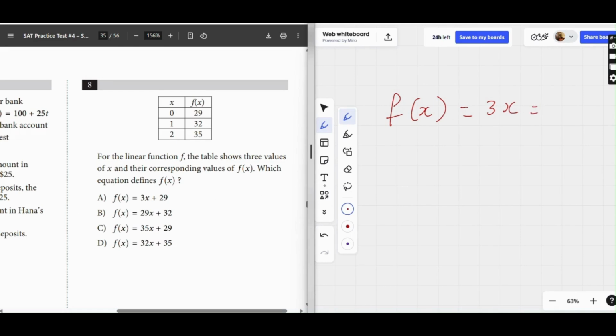So we can filter out A and C because that's the only possibility where we can get 29. And in the second case, f of 1, we got 32 minus 29, which is 3, a multiple of 3. You can filter out C as well.